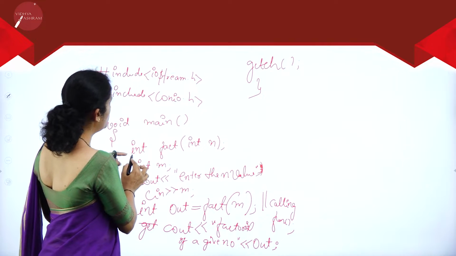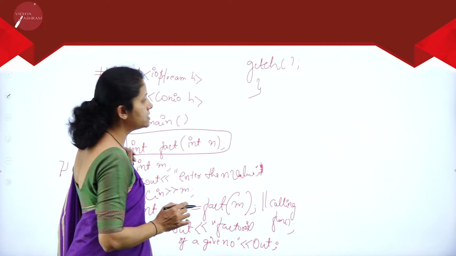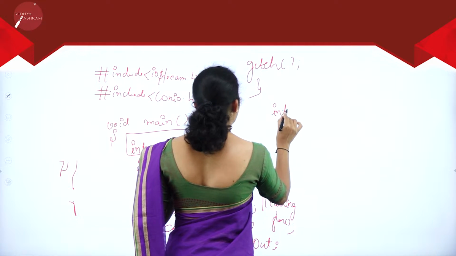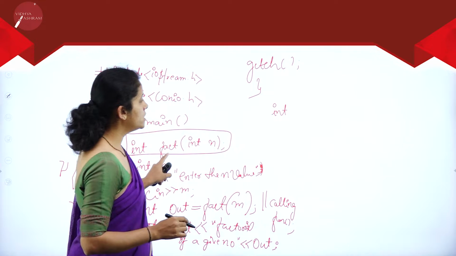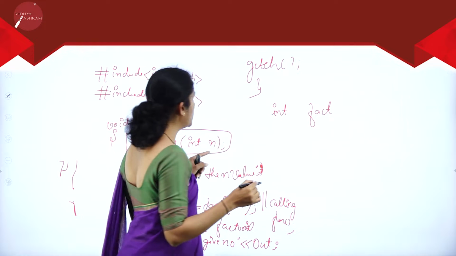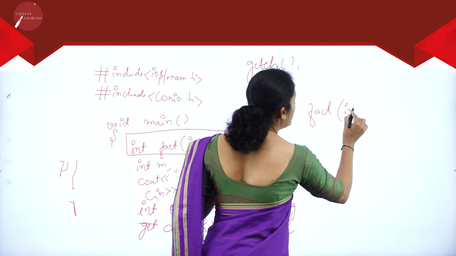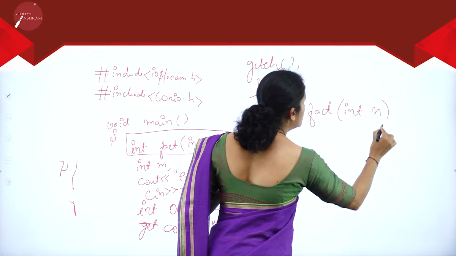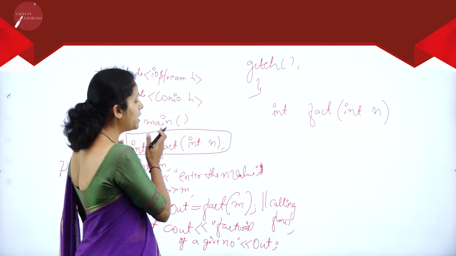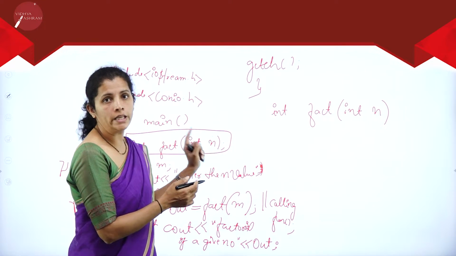So I'm going to consider this one. What is the return type I'm having here? It is integer, so I'll write int as it is. And what is my function name? It is fact. And what is my argument? It is int n. So dear student, just see the difference here. In my function prototype, I'm going to place the semicolon at the end.